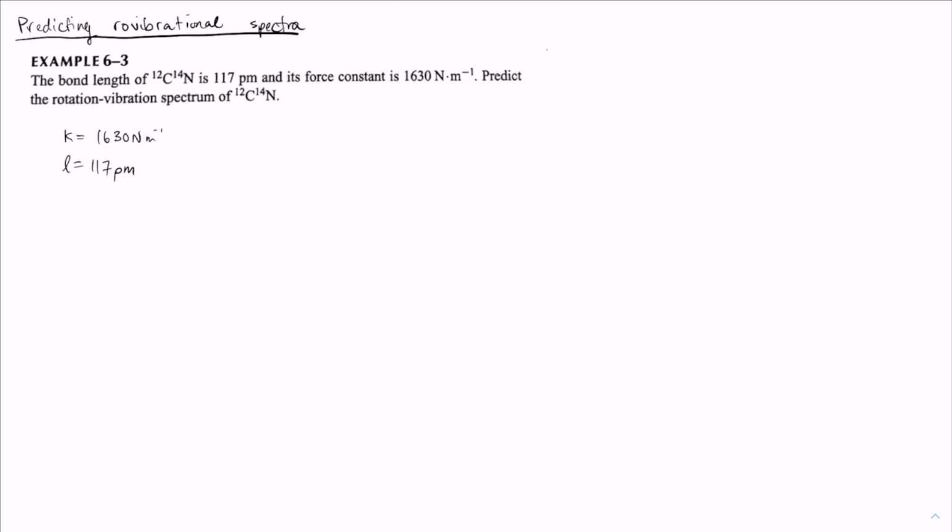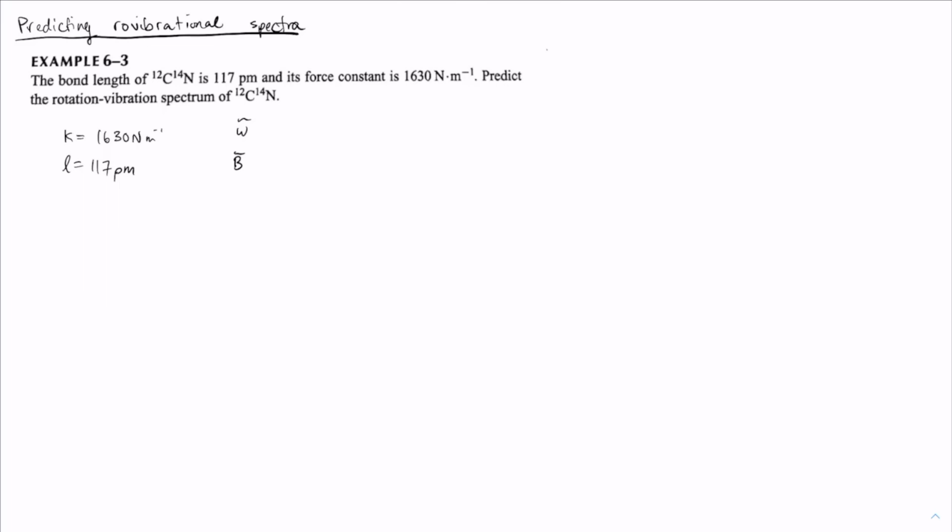The most important parameters that give the shape of the spectra are omega tilde and B tilde, where omega tilde comes from the vibrational problem and B tilde comes from the rotational problem. And so the trick is to try to find omega and B based only on K and L.